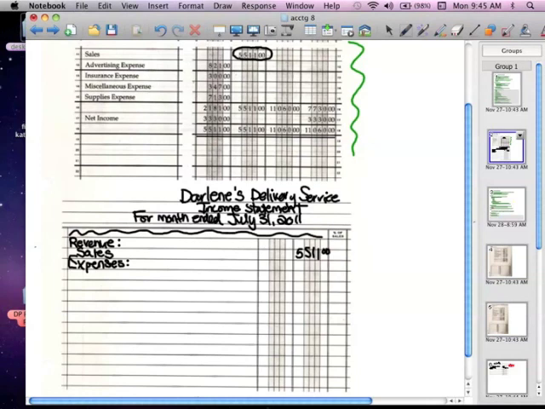We're going to have to figure out a total of our expenses, so you're going to write them in the first column. We're going to start with whichever one's our first one, and if you look up above, advertising is listed first. You're going to come down here. Remember, we're going to list the accounts under our heading, so we're going to indent a little bit.